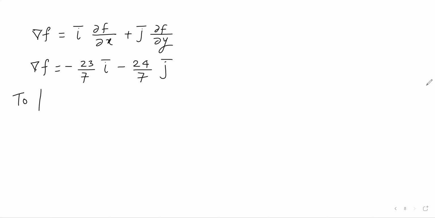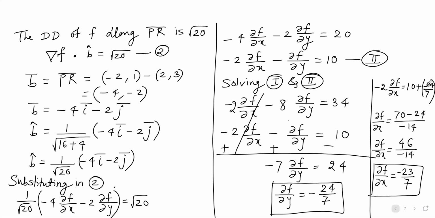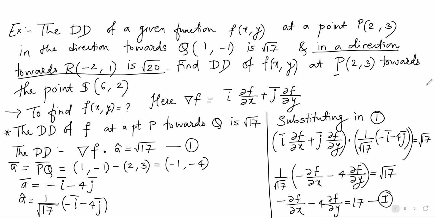I have to find the directional derivative of f along, what was that? PS, no? We have seen it, PS. So the directional derivative of phi from P to S. P is (2, 3), S is (6, 2).